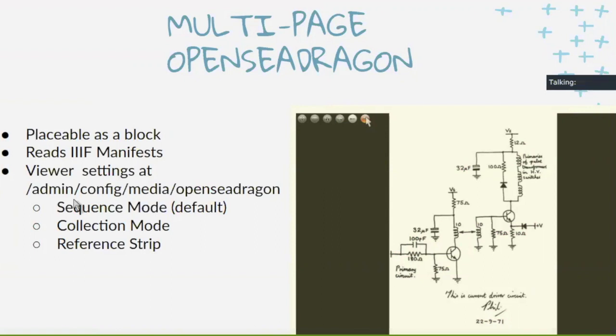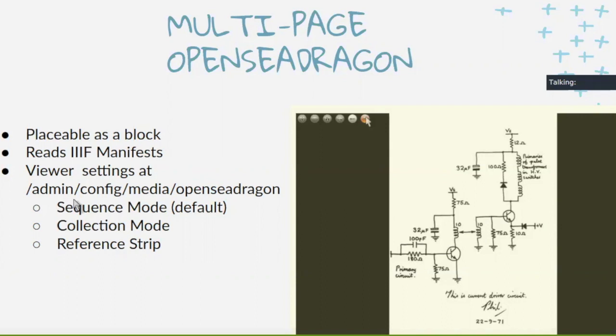But Seadragon does support multiple images if you want. So we did a little bit of work, and we made Seadragon read the IIIF manifest that we're now generating. From that manifest, it will parse apart all of the files that it needs to display, and it will actually create the list of them.